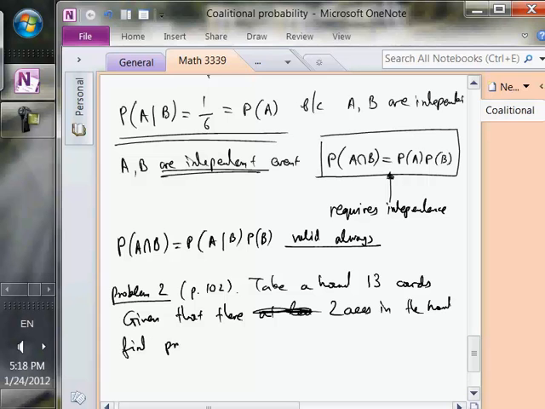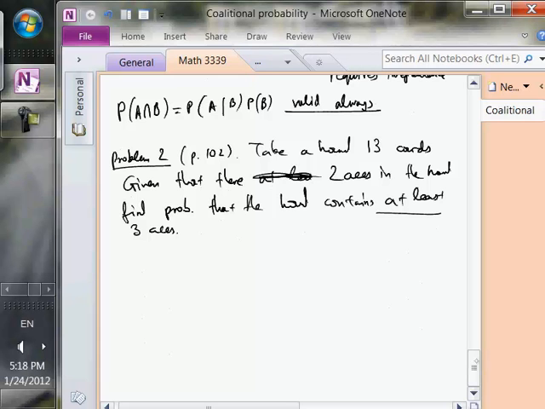Find the probability that the hand contains at least 3 aces.